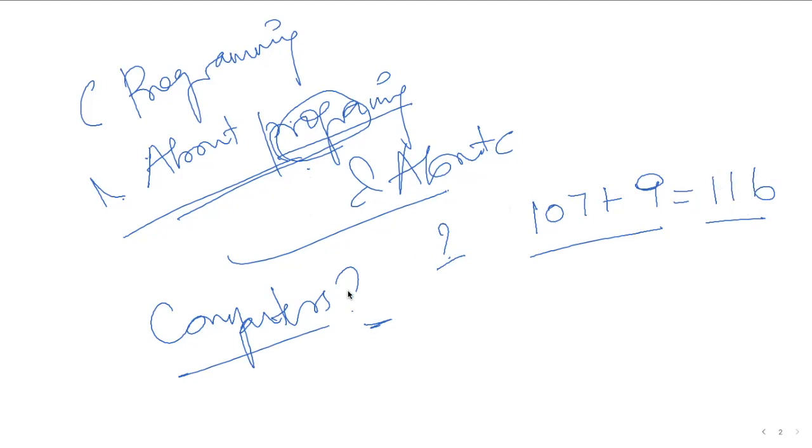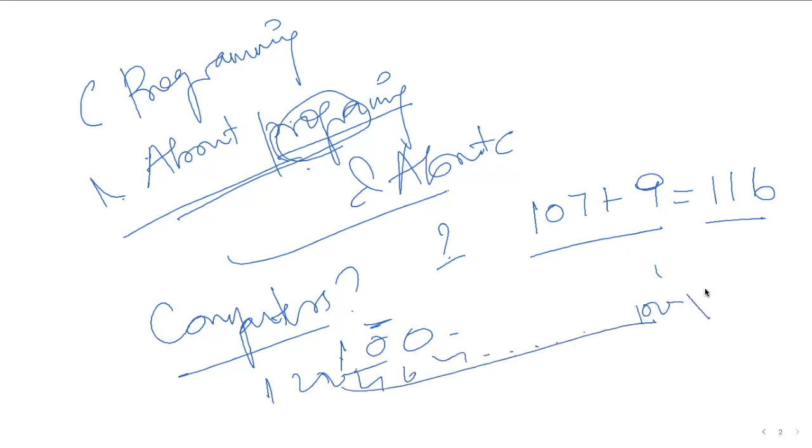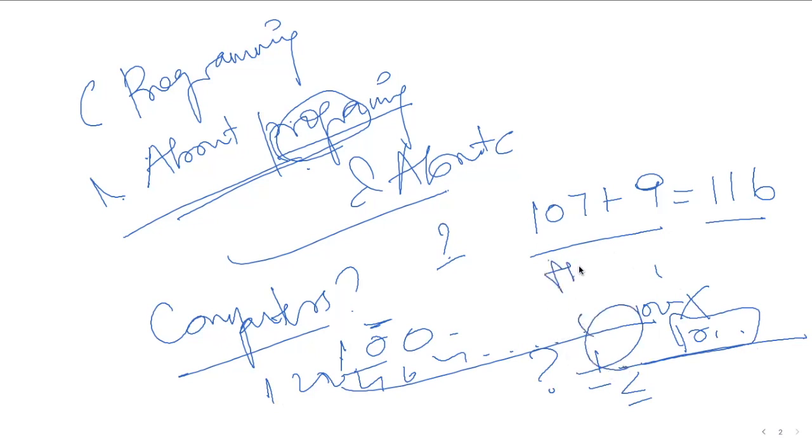But if I give you a 10,000-digit number like 1, 2, 5, 7, 6, 4, 2 and so on, and ask you to multiply it by another 10,000-digit number, will you be able to do that calculation within a minute? It's possible, but not in that time duration.